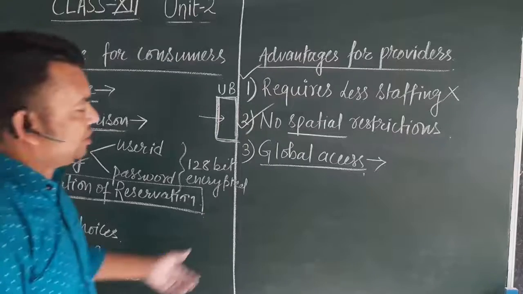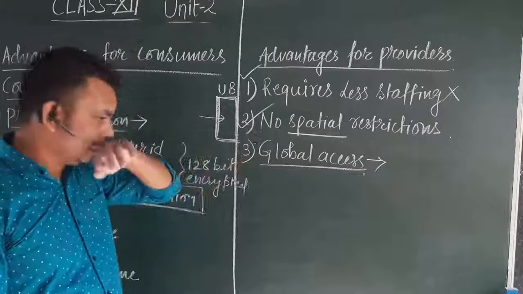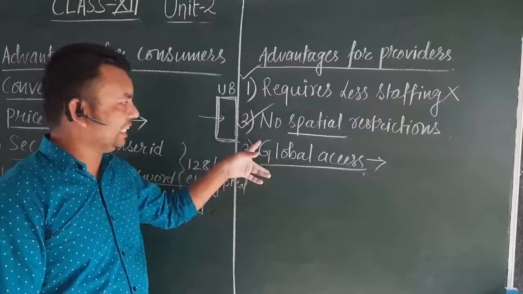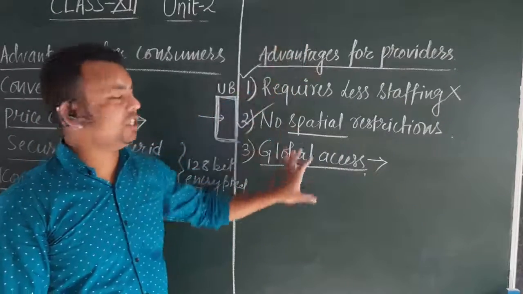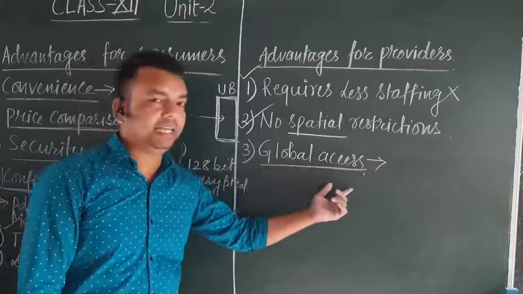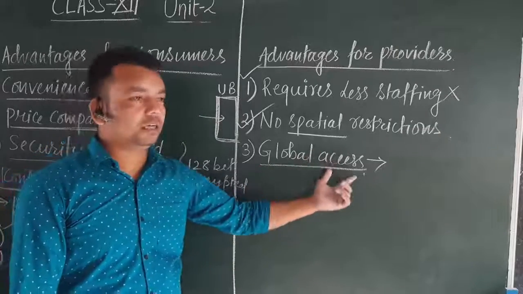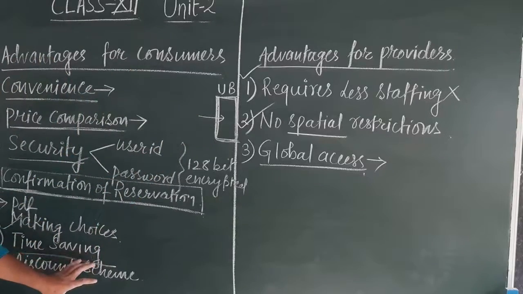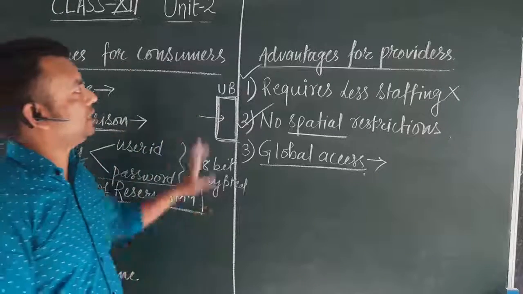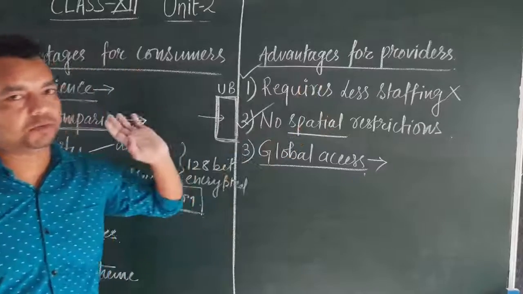Wherever a person is located, at whichever location he or she is present, it will not hamper the online reservation process. Globally it can be accessed by means of a computer and internet. So these are certain advantages of the concept of online reservation, advantages for consumer as well as provider.